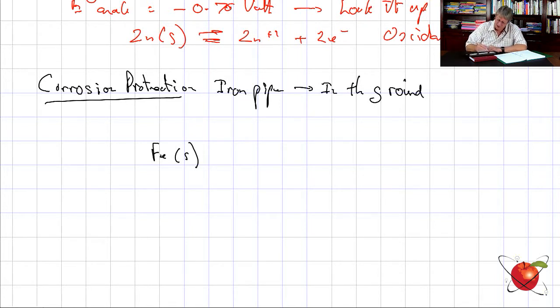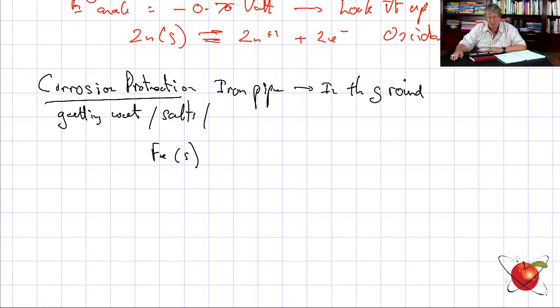It's getting wet, and there are salts, loads of them: carbonates, sulfates, chlorides. Loads of salts in the ground. We could also have a bridge structure here.